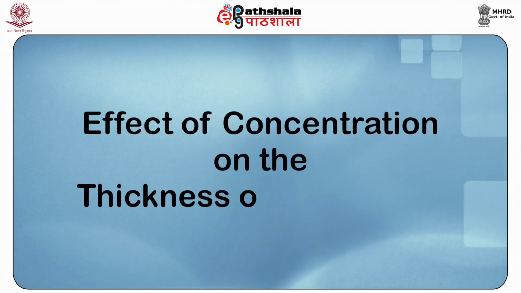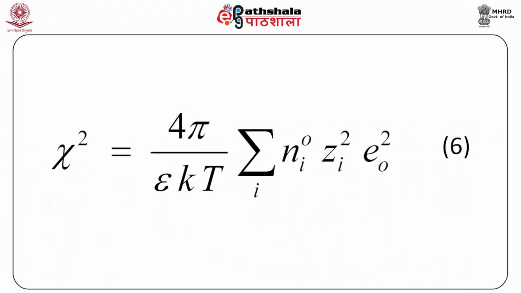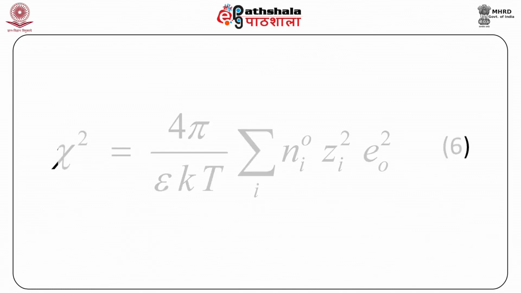Now, we shall see the effect of concentration on the thickness of the ionic cloud. We have seen from equation 6 the relation of chi squared is given by, since all the terms in equation 6 are constant, therefore chi inverse is also a constant for a given solution. Dilution of a solution decreases Ni0, that is the number density of the bulk, or the number of ions per unit volume of solution.